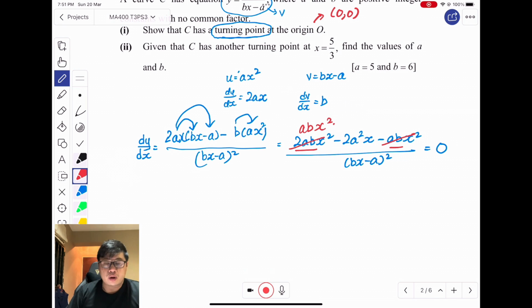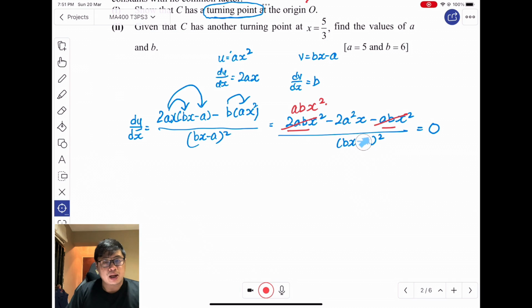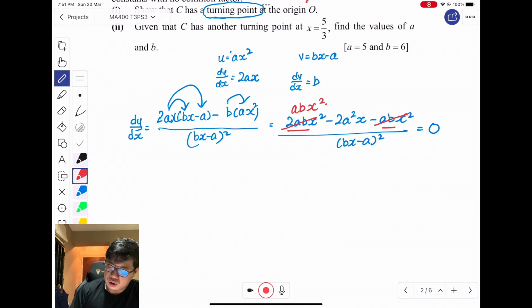If I equate this to 0, the denominator does not offer me anything. I can simply equate the numerator to 0. For a fraction, if I'm equating it to 0, the denominator will not bother me so much.